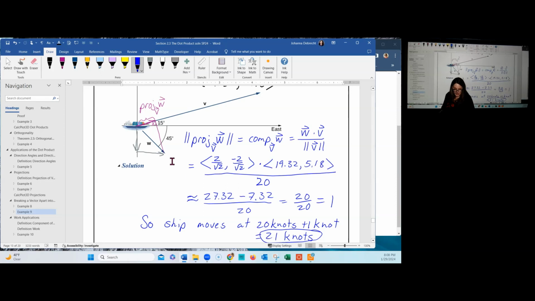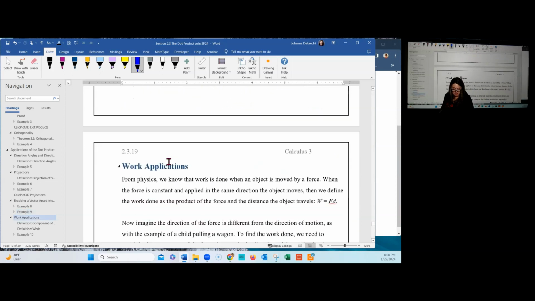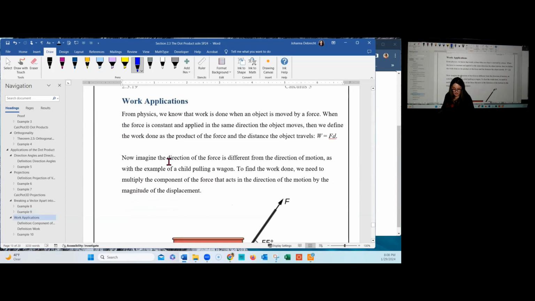We have one final application to be done, which mostly applies to our engineering and physics people, which gets back to what motivated our development of the dot product in the first place, which is how do you compute work done when the force is not being applied in the direction that the object is moving.